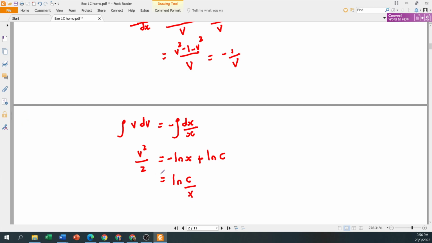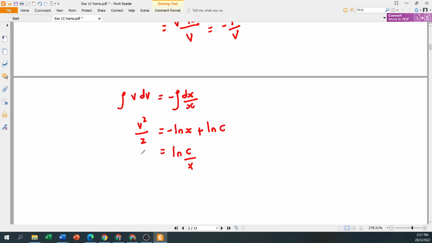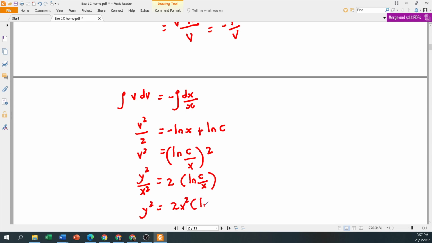And then replace v, which is actually y over x. You can eliminate these 2 first. V squared over 2, so this one becomes multiplied by 2. Then v squared is actually y squared over x squared. So this is 2 ln c over x. So y squared will be 2x squared ln c over x.